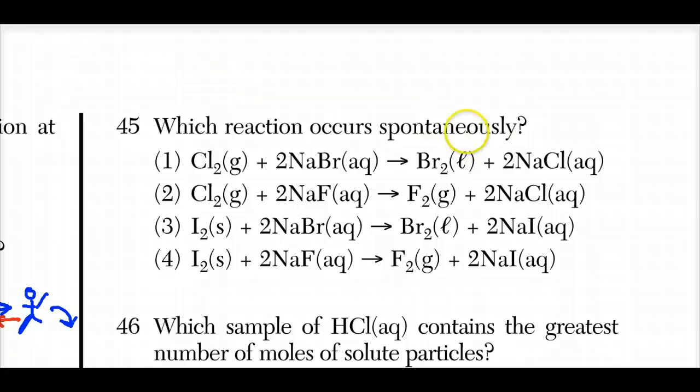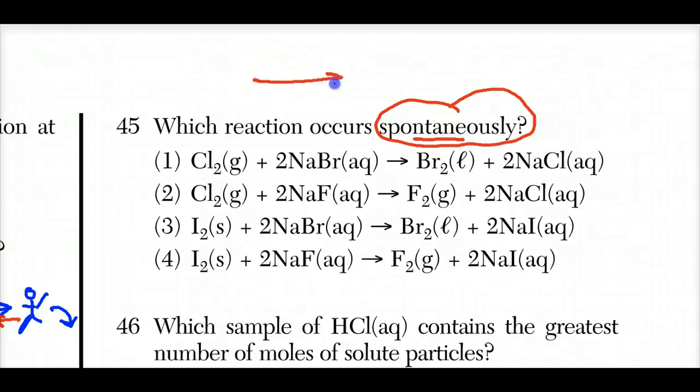So spontaneously means that the reaction is going to proceed in a definite direction. So if I'm saying it's spontaneous, the reaction is going to proceed left to right as the arrows are written. So which one actually works? Which one is going to actually proceed? Because if it doesn't occur spontaneously, the reaction does not occur. Okay?